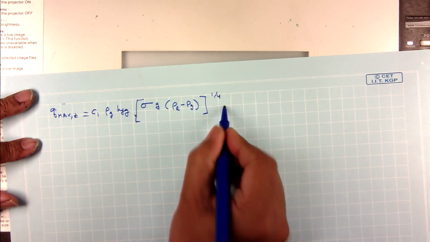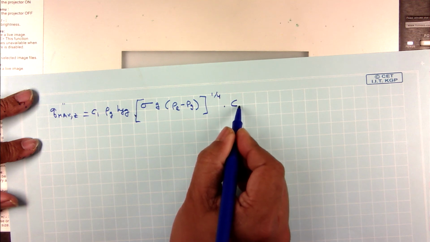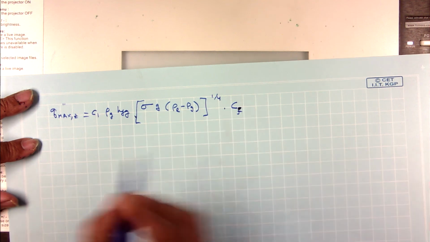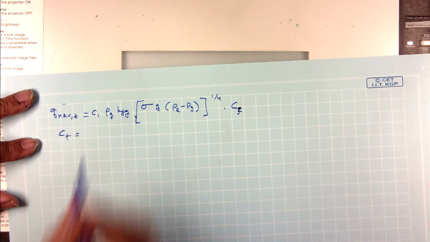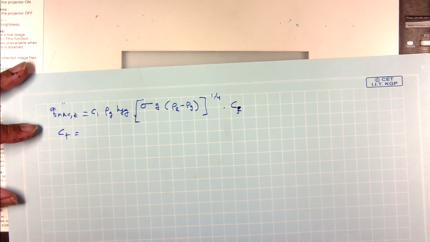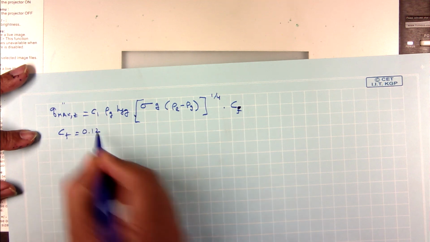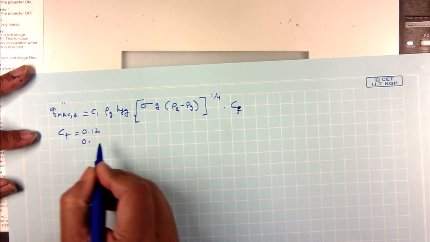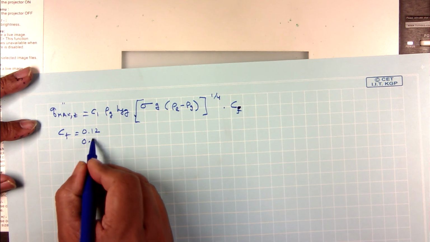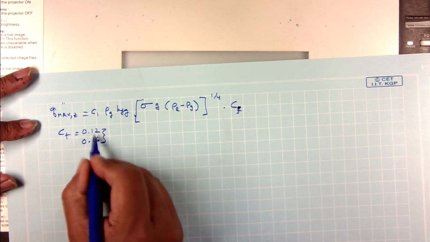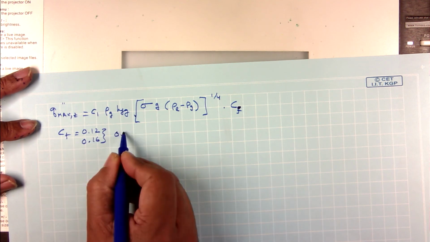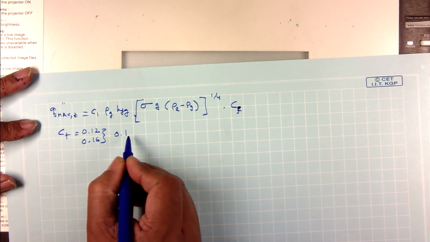Is that what it is? And there is another constant, right? What did we say? Oh, CF, right. So, how much did we say was the correction factor? 0.12, and then how much was it for lambda c? 0.16. So, we can take the average of these two. How much does that come out to? 0.14, right? Okay.